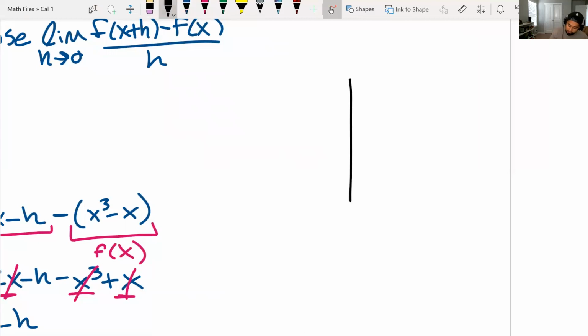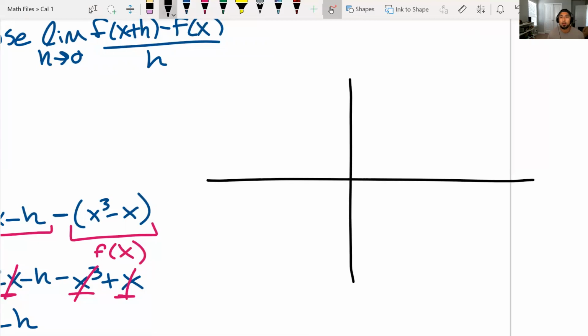So x cubed minus x, if you take an x out, that'd be x times x squared minus 1, right? Which means you'd have an x-intercept at 0. So we'd have something at 0, 1, and -1. And it's a positive cube function, so our graph would look something like this.